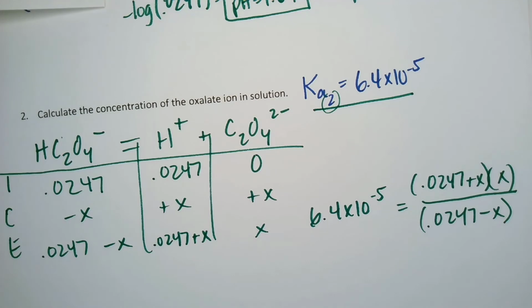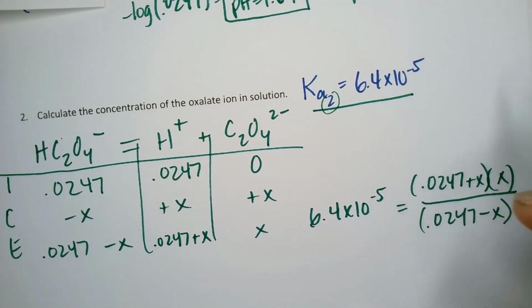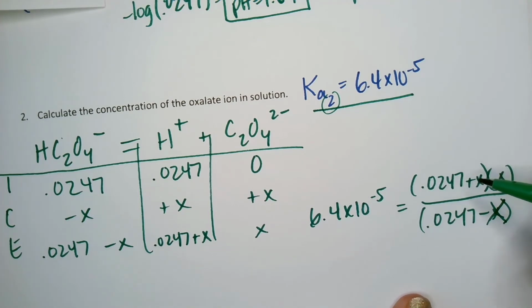Assuming that this number for the second ionization is significantly smaller than the first ionization, we're allowed to toss off the x. So the plus x and minus x are disregarded.